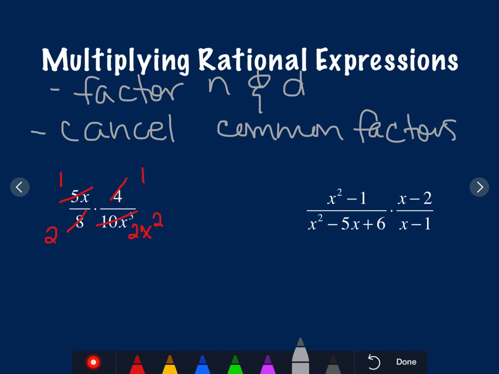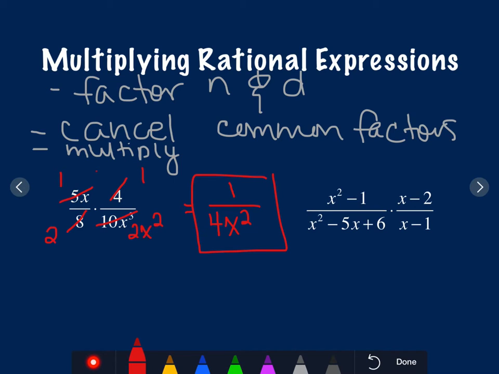Now once I've canceled common factors, I can then multiply my simplified fractions. So I have 1 times 1 is 1 over 2 times 2x squared is 4x squared. So we've not only taken care of multiplying the fractions, we've also taken care of simplifying in the same process.